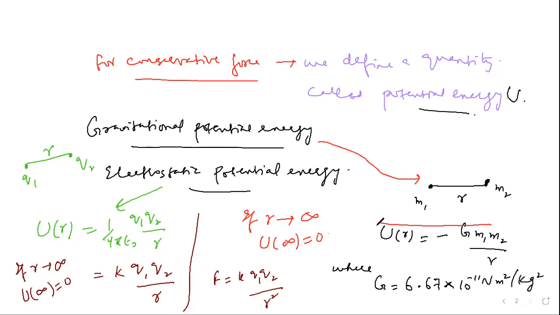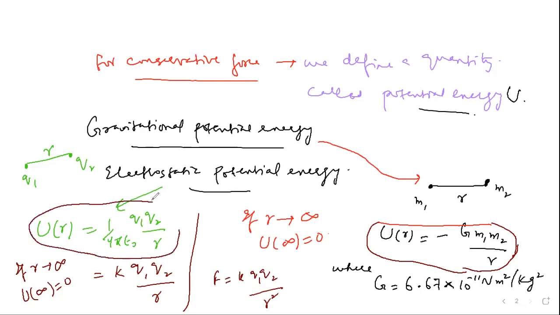Now in case of gravitational potential energy, there is only attraction, so it is only negative. But electrostatic potential energy can be negative as well as positive, because there are two kinds of charges, so there are two types of electrostatic interaction. Charges can repel, charges can attract. They repel when they are like, they attract when they are unlike.